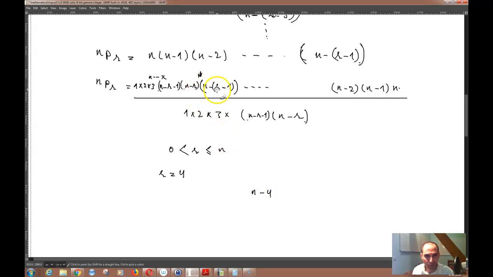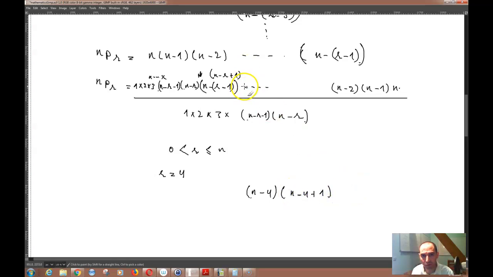And then this term over here would be n minus r minus 1, which is n minus r plus 1, right? N minus r plus 1, which is the same thing as, for example, n minus 4 plus 1.